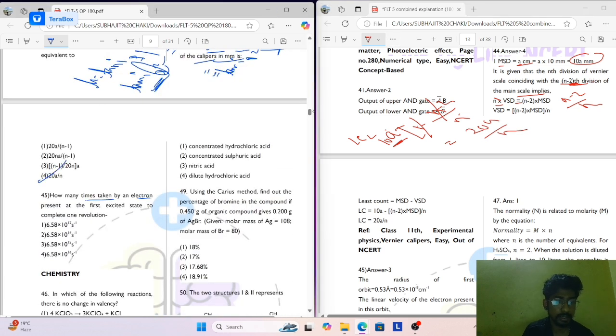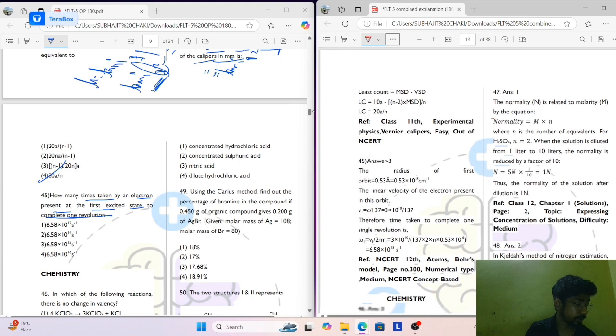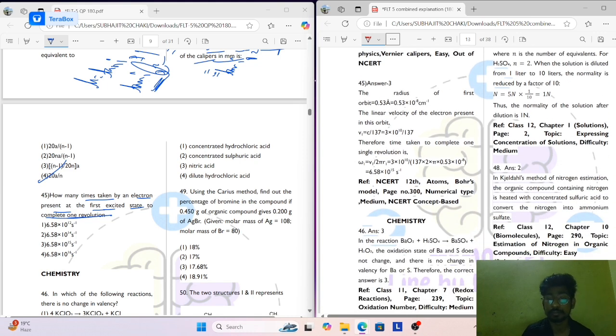How much time is taken by an electron present in the first excitation to complete one revolution? R, you know, is 0.53 angstrom in case of hydrogen atom, 0.53 into 10 to the power minus 8 centimeter. In meter, it is 10 to the power minus 10. The linear velocity of the electron is v equals c by 137. So 3 into 10 to the power 10 divided by 137 in centimeter, in the CGS system.